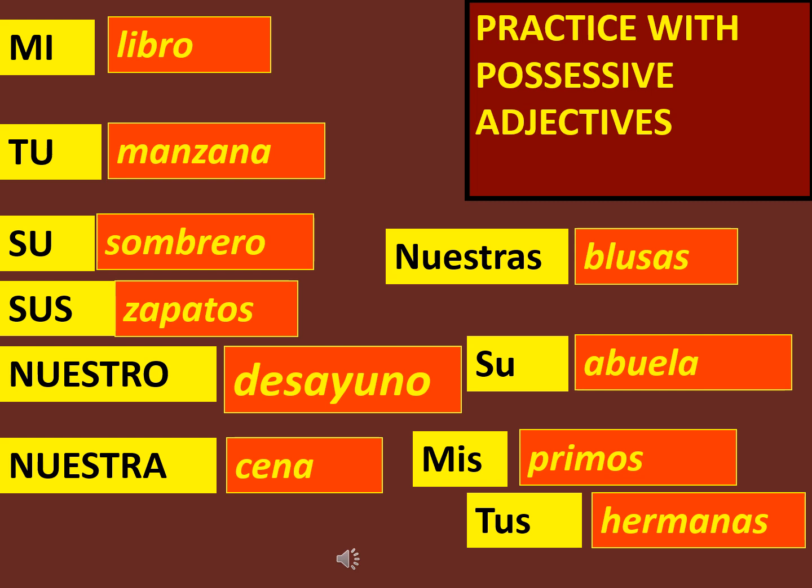Nuestro desayuno. Nuestra cena. Nuestras blusas. Su abuela. Mis primos. Tus hermanas. You see the end of the noun has an S. The end of the possessive adjective must have an S.